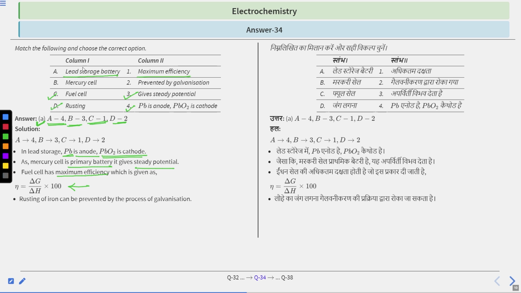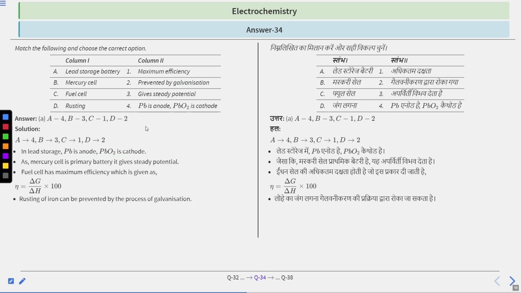Now D in column 1 is rusting. Rusting of iron can be prevented by the process of galvanization. So D in column 1 is related to the second point in column 2, prevented by galvanization. Those are A to 4, B to 3, C to 1 and D to 2, which is the correct answer.